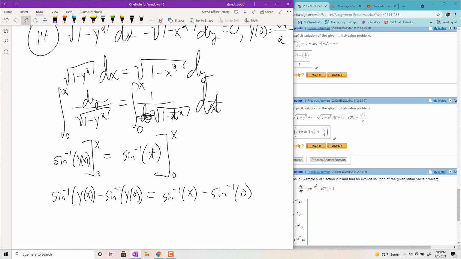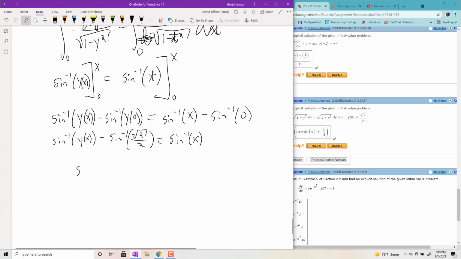And then sine inverse of y of x minus sine inverse y of 0 is given as root 2 over 2. On the right-hand side, you have sine inverse of x. Sine inverse of 0 is just 0.